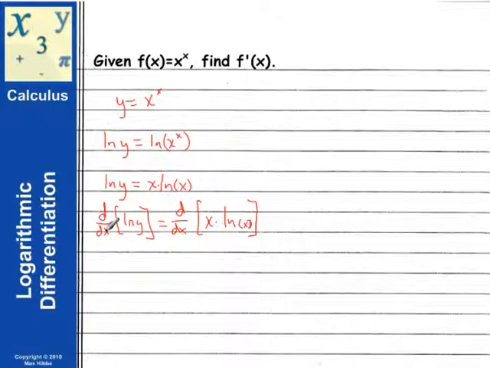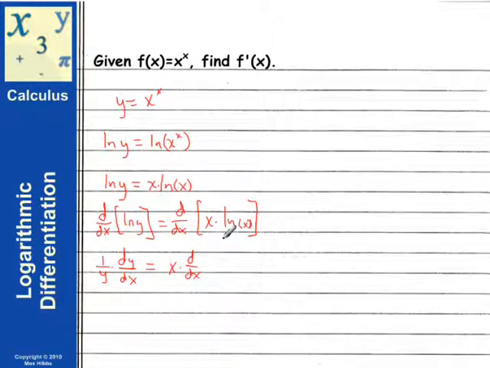Now we know the derivative of natural log of y with respect to x is 1 over y times dy dx. Get that done easily. Now here we're taking a derivative of a product. The first function is x, the second function is natural log of x. So we say first function times derivative of second function. We're using the product rule, recognize that.